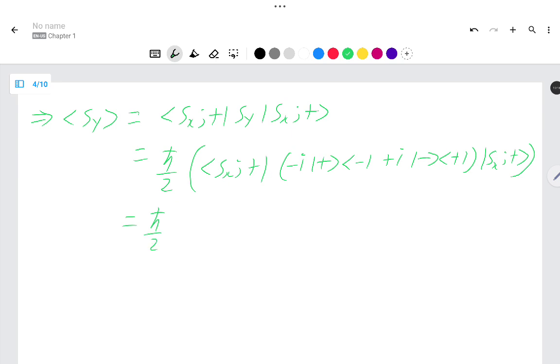Sx plus contains a linear combination of positive and negative.